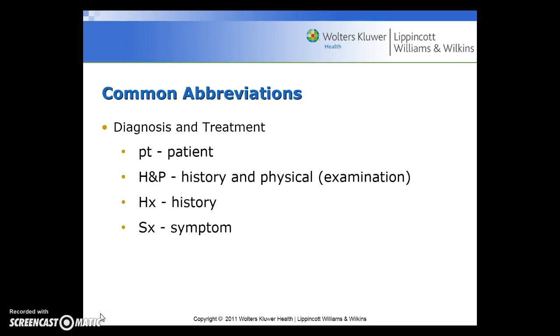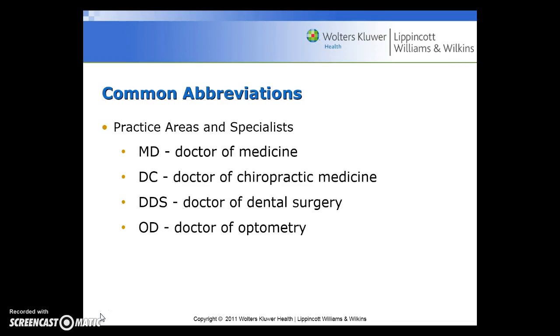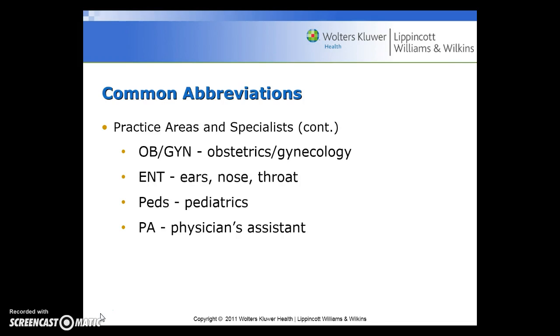HX for history, SX for symptom, DX for diagnosis, PX for prognosis, TX or TR for treatment, RX for prescription, MD for doctor of medicine, DC, doctor of chiropractic medicine, DDS for doctor of dental surgery, OD for doctor of optometry, OBGYN for obstetrics and gynecology, ENT for ear, nose, and throat, PEDS for pediatrics, a PA for physician's assistant.